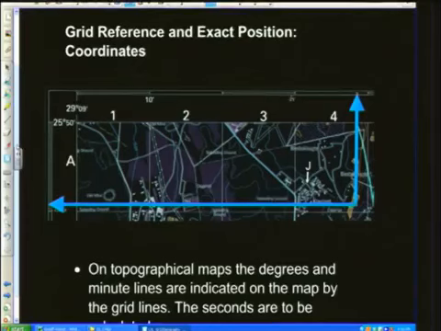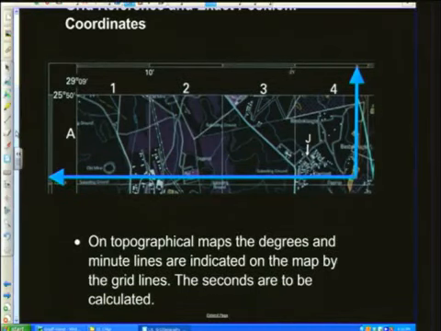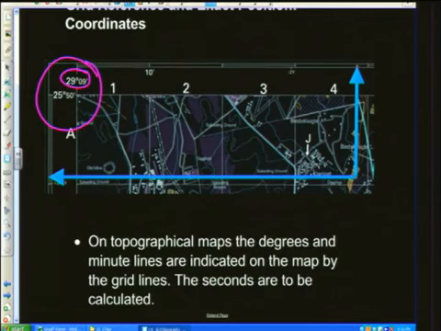I want to draw your attention to the information on the margin of the map. In this case, you have 29 degrees and 9 minutes. This specifically refers to the lines of longitude. Note 29 degrees 9 minutes. The next line becomes 29 degrees 10 minutes, 29 degrees 11 minutes, and so on.